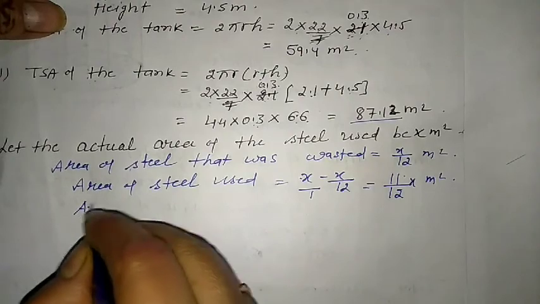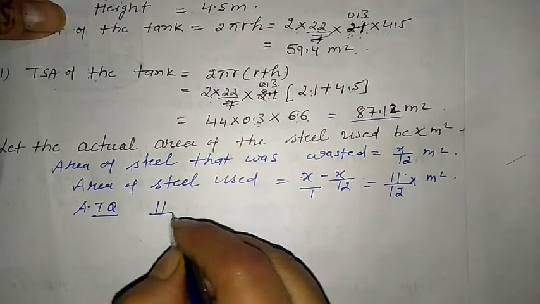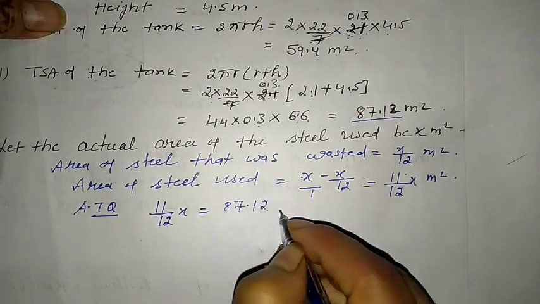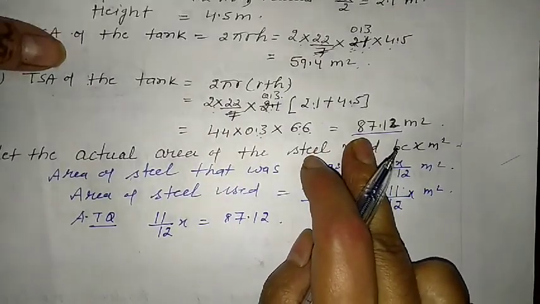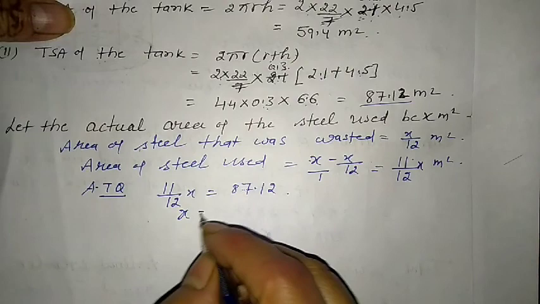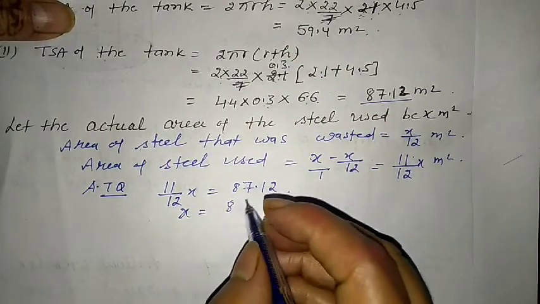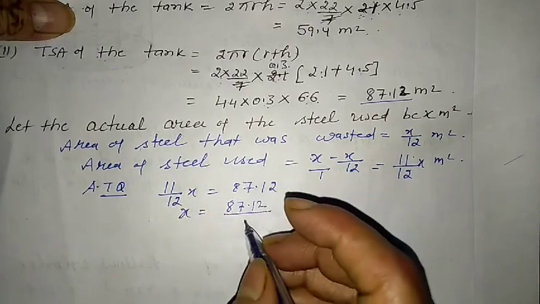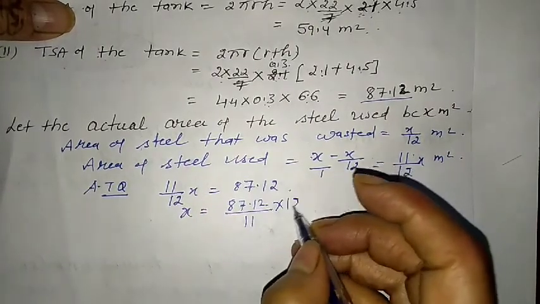So according to question, 11 upon 12 x is equals to 87.12, that is the total surface area. So x is equals to 87.12 upon, this can be transposed, 11 into 12.